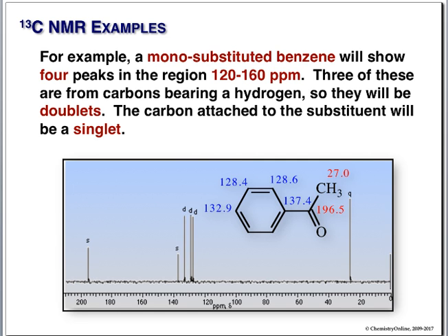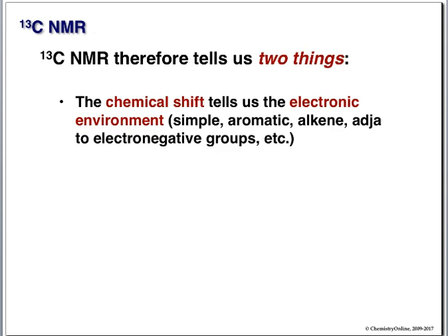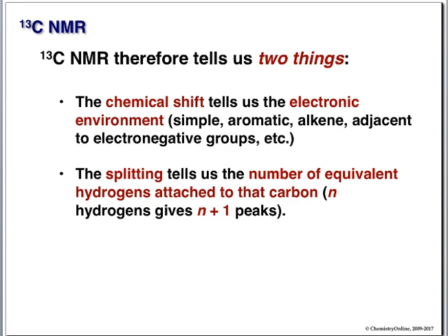Now, I know these all look like nice single sharp peaks. We'll see why in just a minute. Once again, this is what's called a proton decoupled NMR. So, what does C13 tell us? The chemical shift will tell us something about the electronic environment, tell us something about the functional groups that are present.